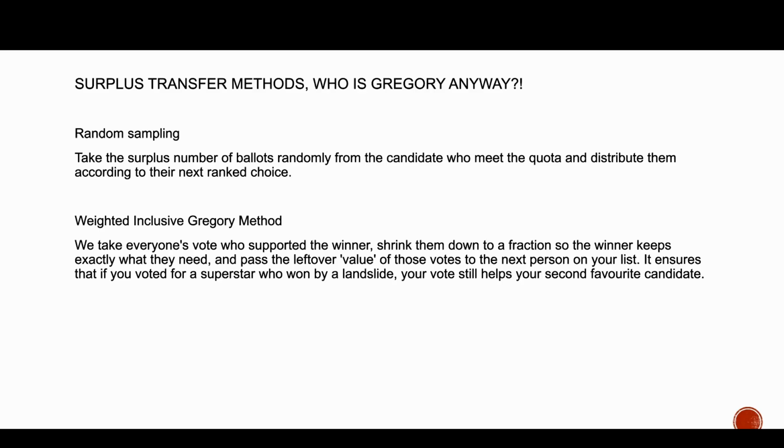So you take 50 random ballots who ranked this candidate first. So the people that fulfill that first candidate's quota are randomly selected. Yeah, but only the excess, and then the excess goes to the next person down on each ballot list. Got it. Whereas with the weighted inclusive Gregory method, all votes are basically transferred, but only a proportion equal to the surplus.